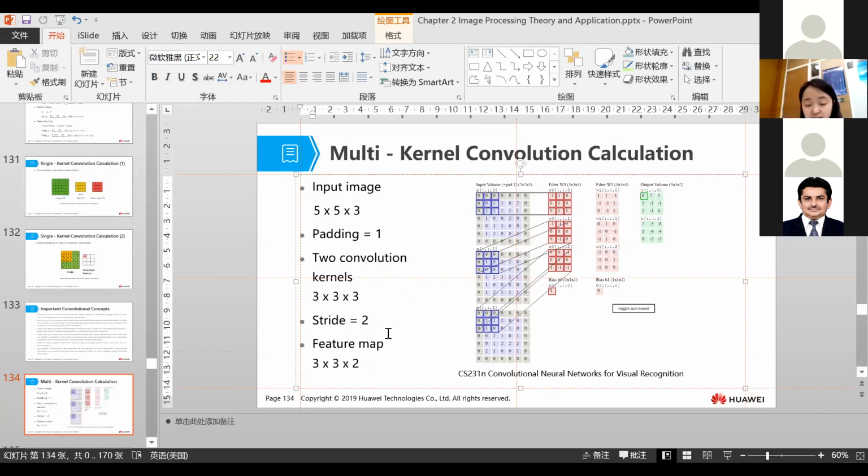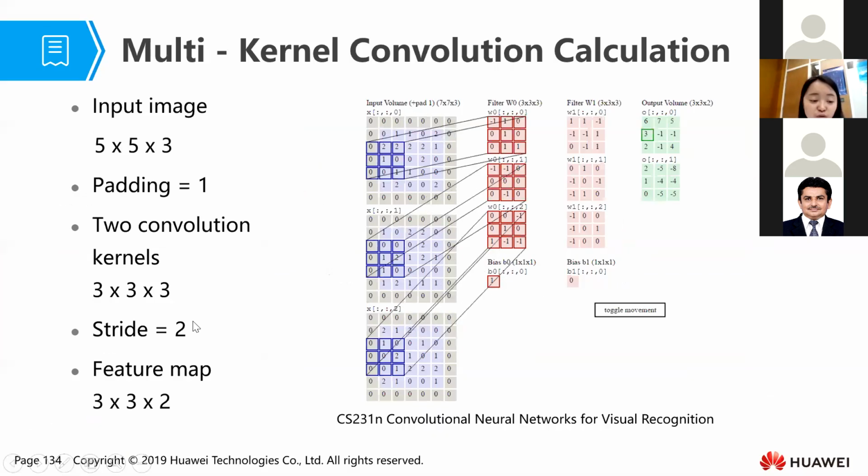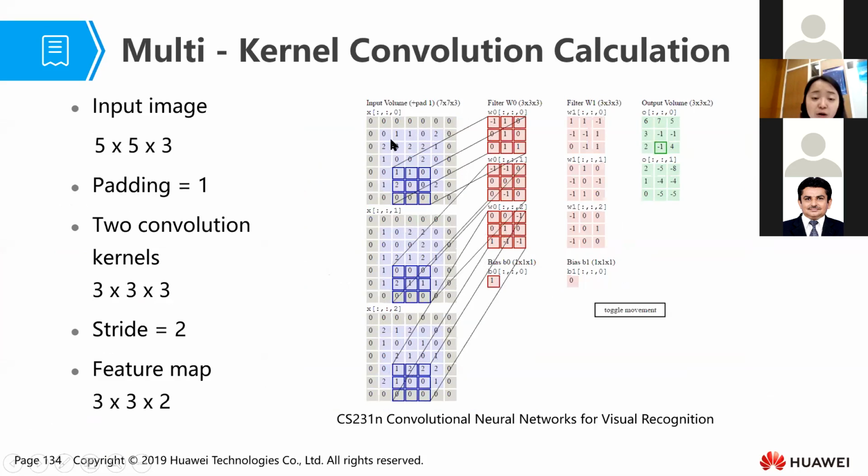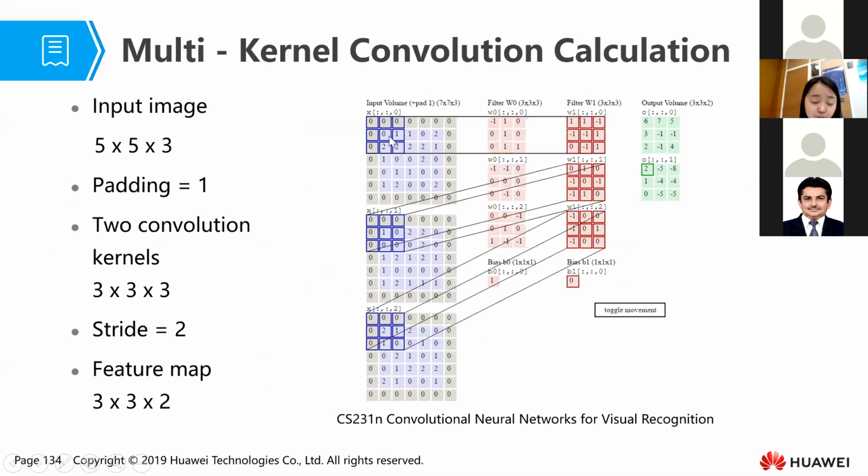And another term we're going to introduce is stride. Stride equal to 2 means we will do the convolutional operation every 2 pixels.